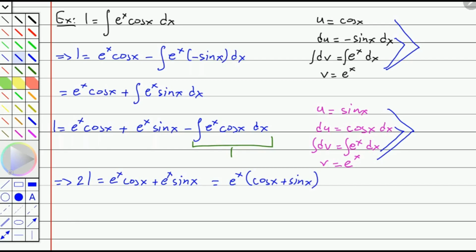And so the integral I is this divided by 2. So e to the x over 2 times (cosine x plus sine x) plus c at the end. And this is the result.